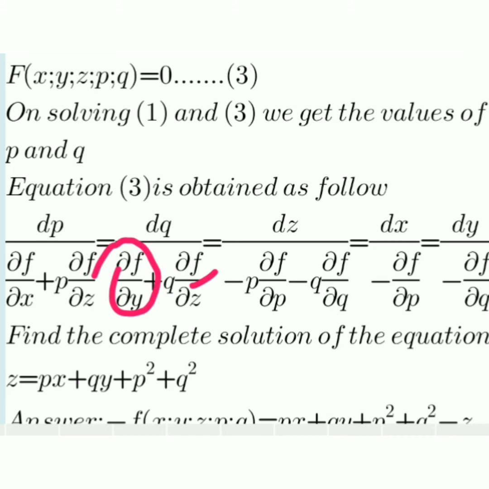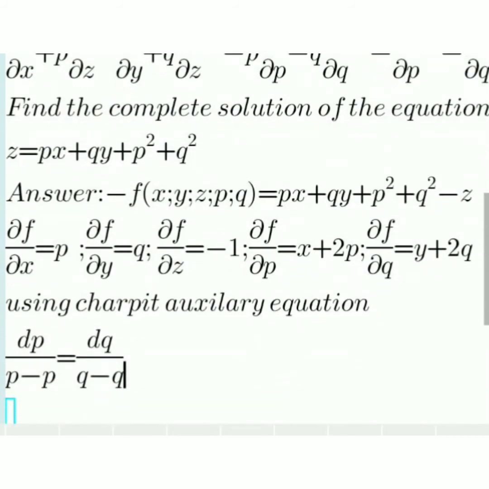Now next I will solve another portion, dz, and the formula is minus p into del f by del p.